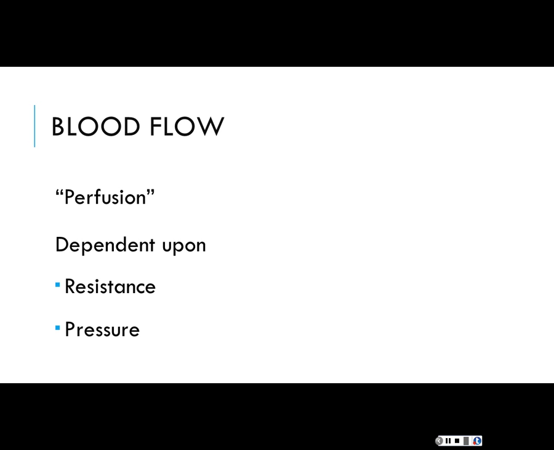And there are pushbacks, resistance factors in the body. There are three primary resistance factors that we will elaborate in a few minutes. There are three major types of resistance factors to the distribution or the perfusion of blood into an organ.